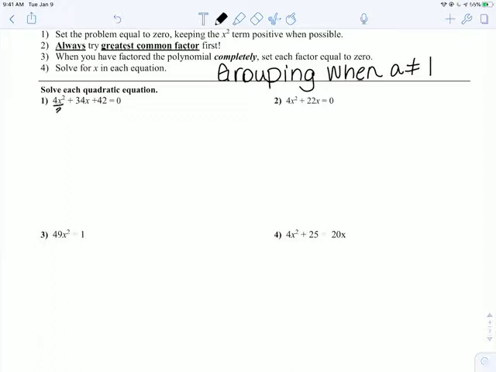But I definitely can pull out the 2. You want to pull out the biggest common factor that you can. So I'm going to be left with a 2 times (x squared plus 16x plus 21).